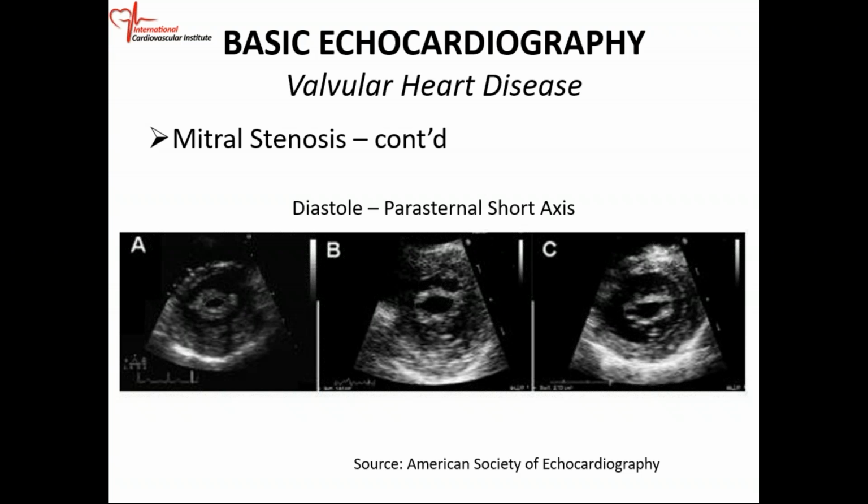If you remember what a cone looks like, the base is broad and the top is narrow. So you have to find the narrowest portion of that cone, and that's what the area is going to be. You have to look at multiple levels of the valve, and when you find the narrowest portion, that's where you do your planimetry and get the area.